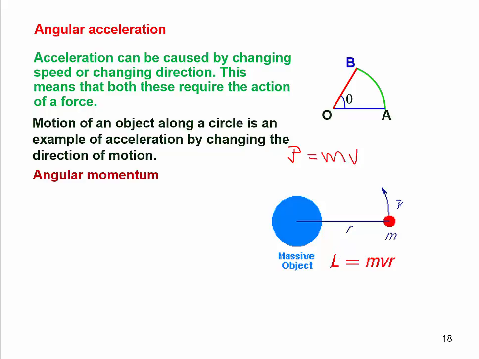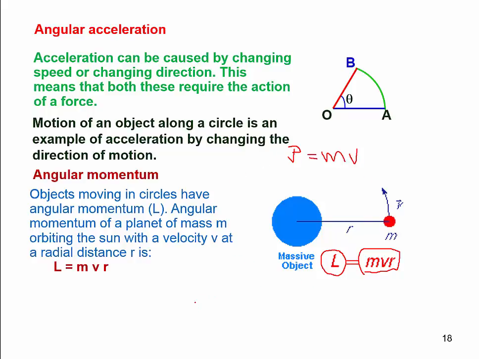Angular momentum is represented by the letter L. That stands for angular momentum. And the angular momentum is given by m times v times r. So angular momentum is mass times velocity times the radius of the circle along which the object is moving. All right?